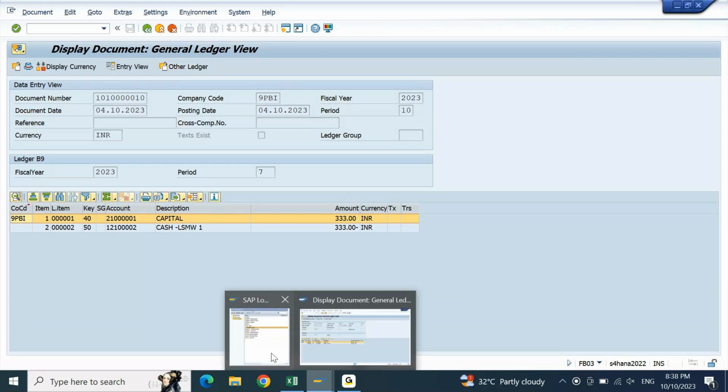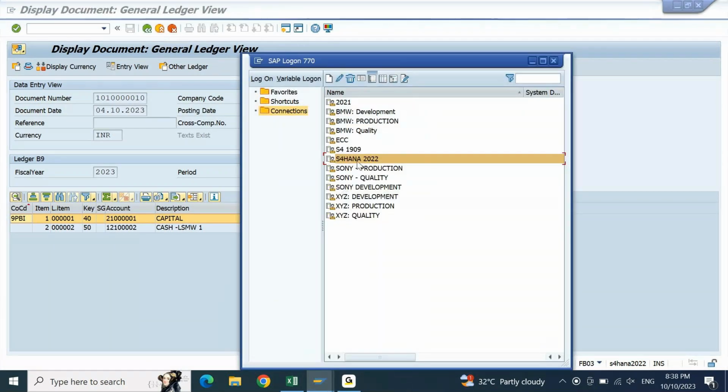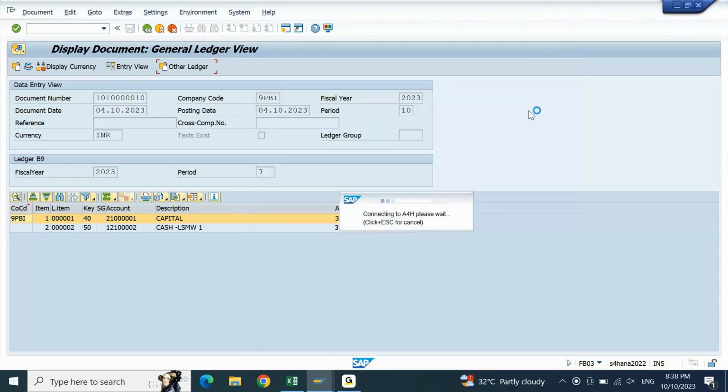If I switch to IFRS, which means my leading ledger, one sec. Once it gets switched, it will show you period number 10.